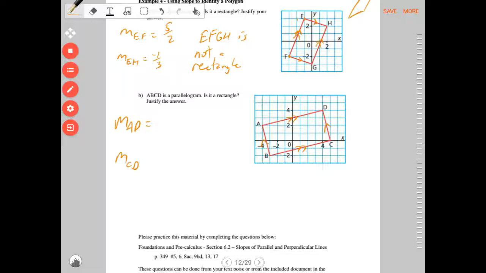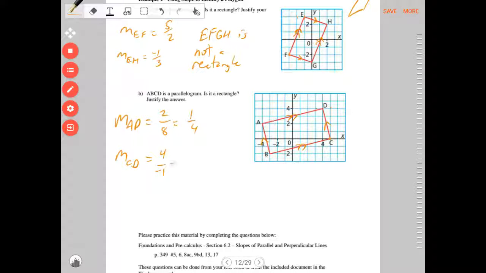Again, when presented with a picture, we might as well just count. The rise is 2, and the run is 1, 2, 3, 4, 5, 6, 7, 8. So 2 over 8, which reduces to 1 over 4. Then CD: if I start at C, we have a rise of 1, 2, 3, 4, and a run of -1. That reduces to -4.